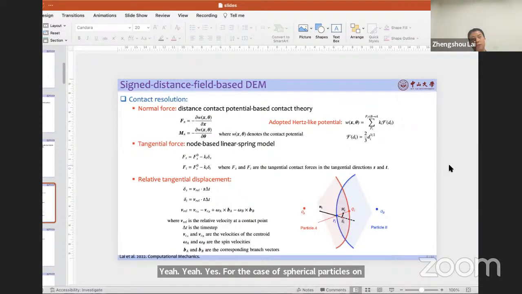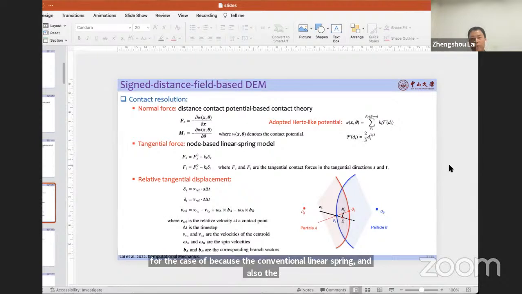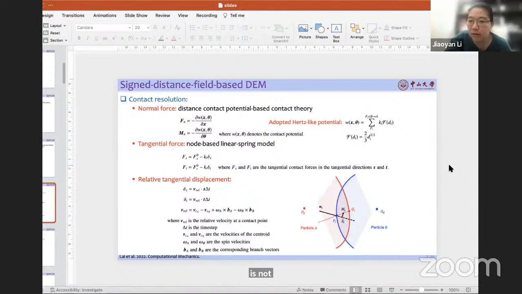But for irregular-shape particles, because there could be multiple contacts, the contact model is not properly defined, also with multiple contact points. So for irregular-shape particles, the conventional linear spring and Hertzian contact models are not directly applicable. I see. Yeah.